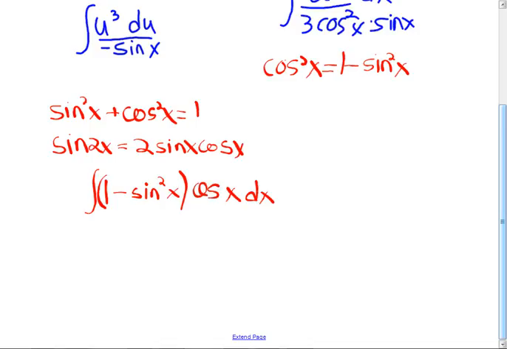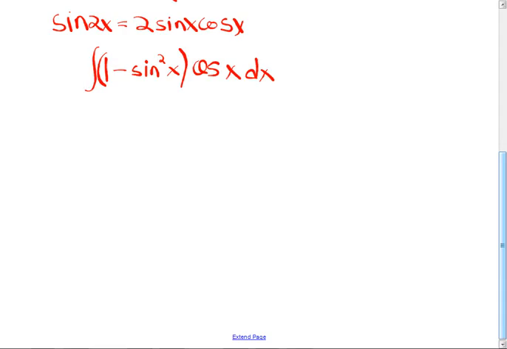Can I go ahead and distribute that? Maybe the easy way is to go ahead and distribute that, because that's going to give you what? Cosine of x dx, because you can do that with integrals. You can distribute those, which is nice, minus the integral of sine squared of x times the cosine of x dx.